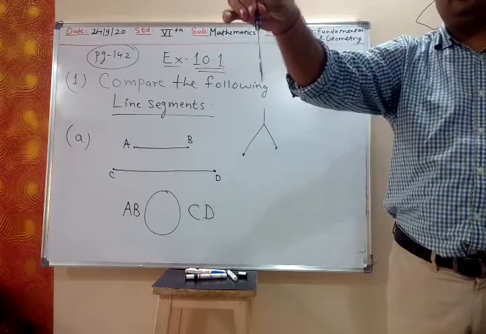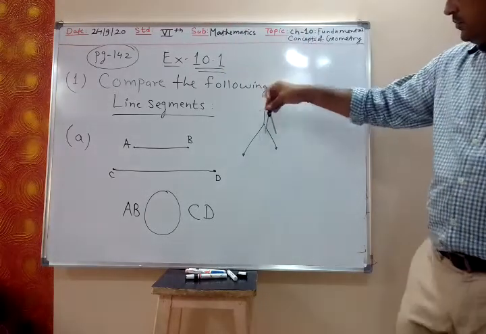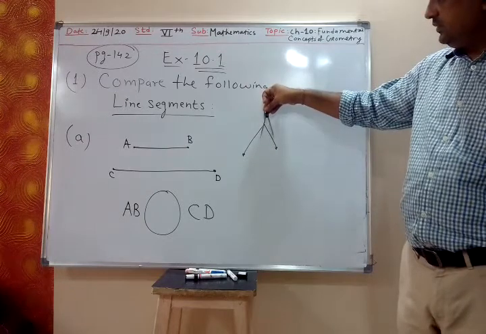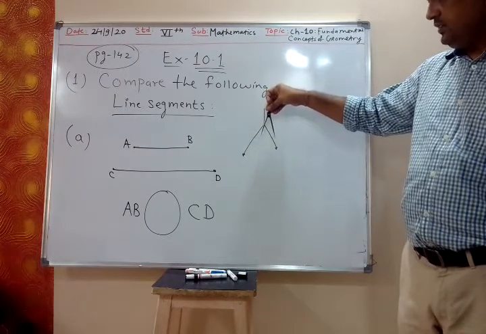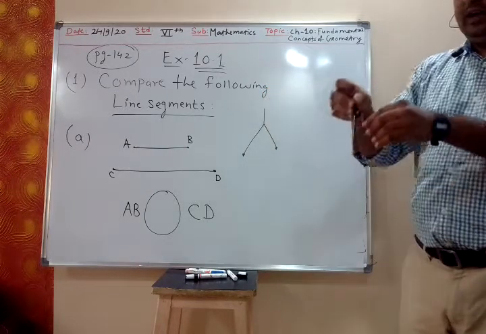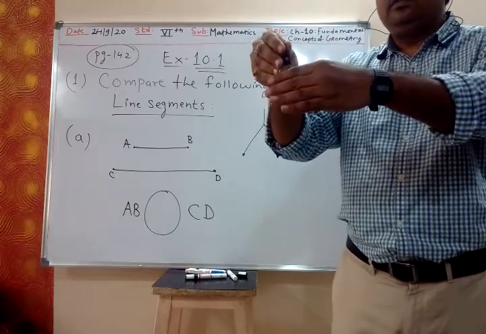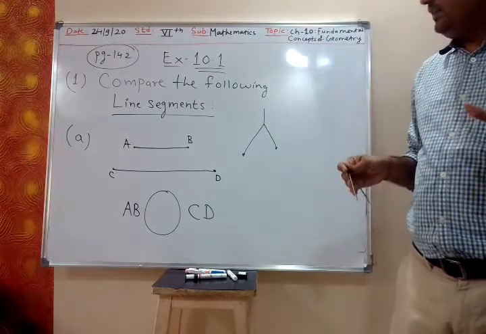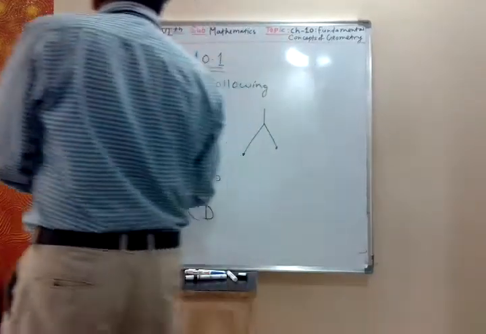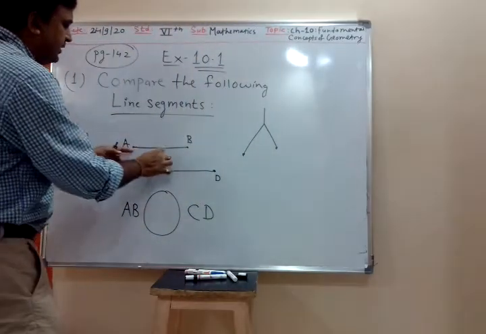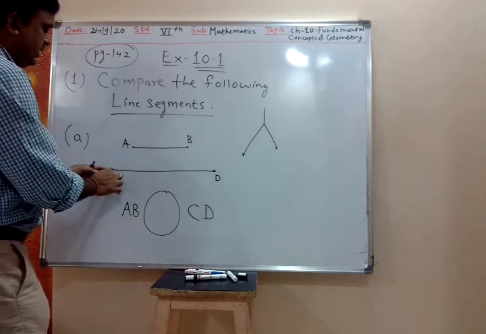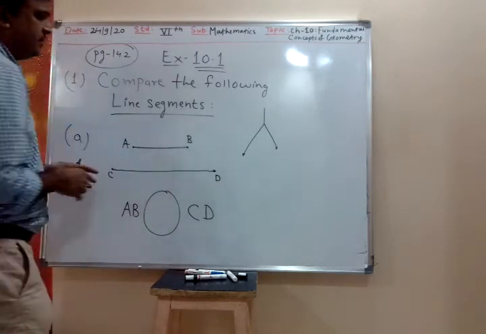Take out this divider from the geometry box. Compass also. Take out this divider. Yes, in the notebook, with the help of a scale, you draw the line segment AB, then you draw another line segment CD.